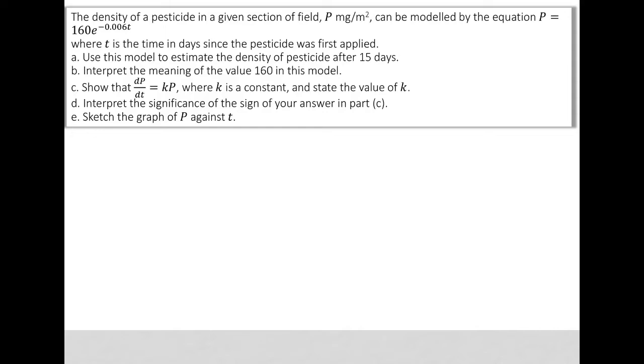Use the model to estimate the density of the pesticide after 15 days. Make sure that you're clear what that actually says, and then let's go through and pick out some key parts.